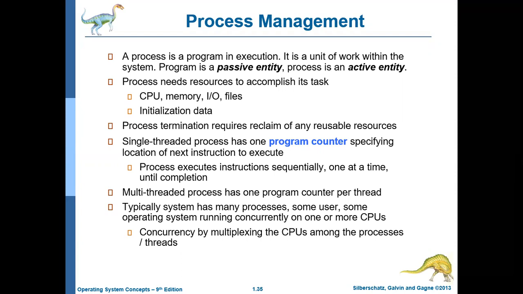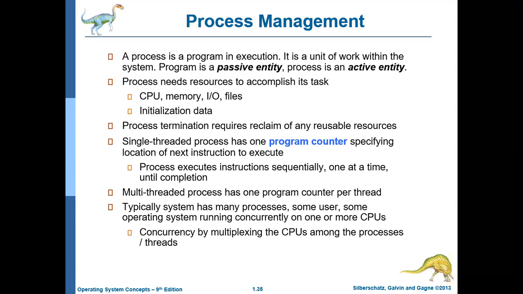A program is a passive entity, whereas a process is an active entity. As long as the file resides in the disk, it is called a program. The moment the file is brought into memory and allocated some resources, from that point onwards it is called a process. So the definition is: a process is a program under execution.